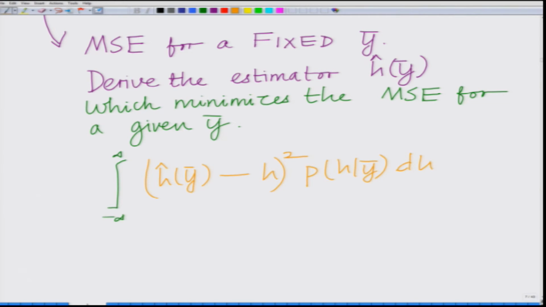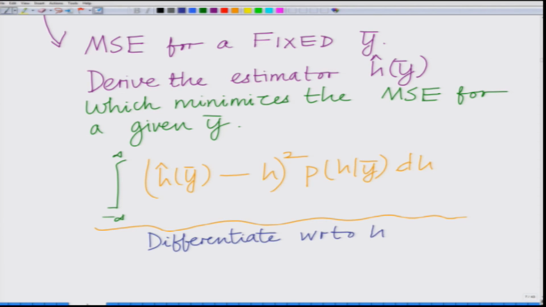To find the h hat y bar, the estimator which minimizes the mean squared error, we simply differentiate this with respect to h hat and set this equal to 0.